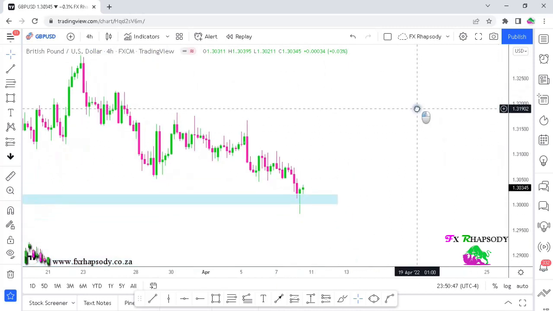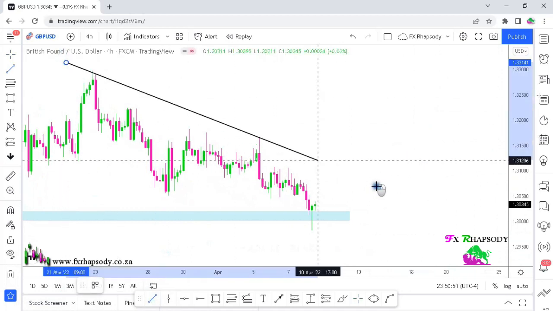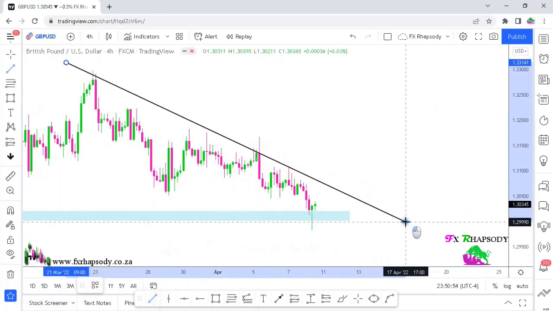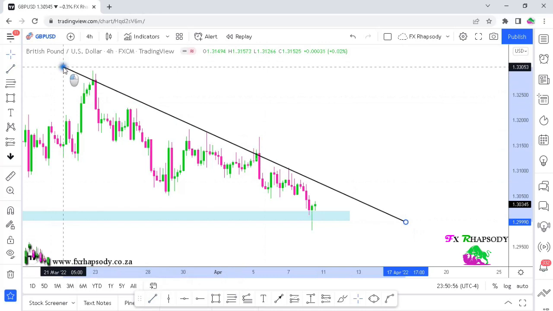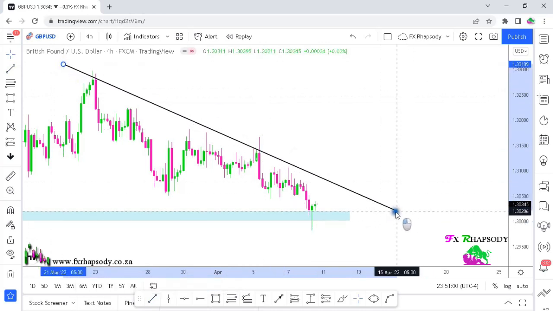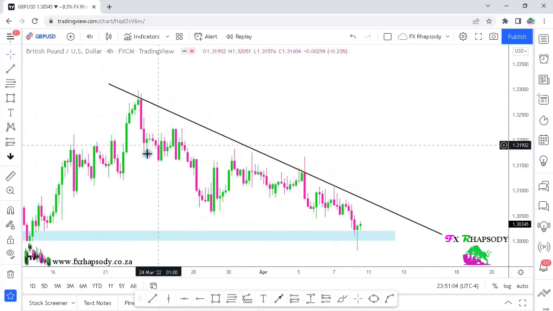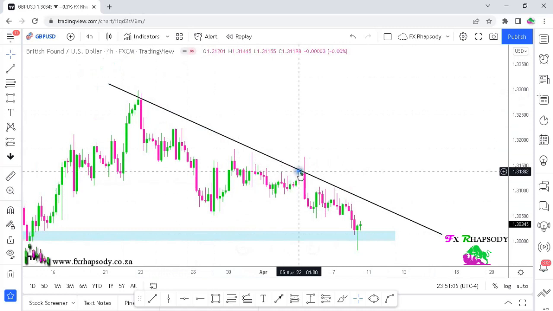What we can also see is, I'll draw it better now, over there. There's a trend line running down. Price came in and hit it a second time.